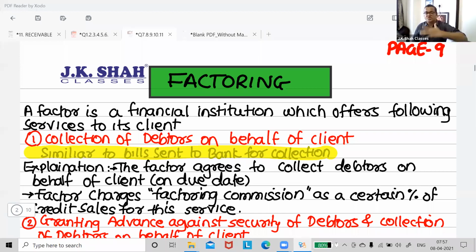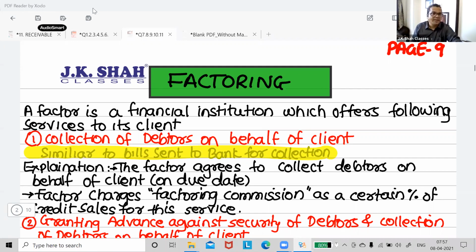He will tell you, okay sir, I will collect all your debtors on due date, but give me 2%, 3% of your debtors, whatever. So I hope the first part is very simple and clear. It is just the same as bills sent to bank for collection, right, people? Any doubt in the first part? You are clear with this?